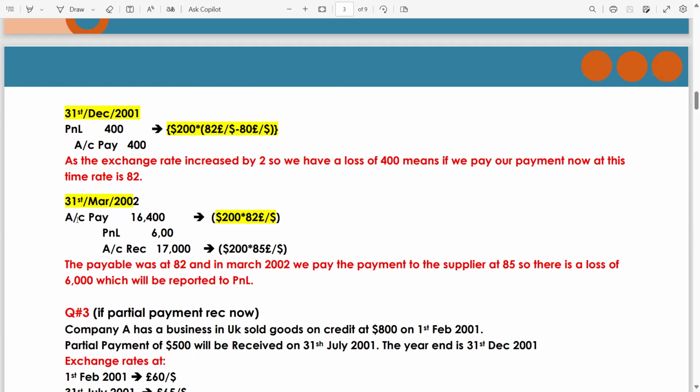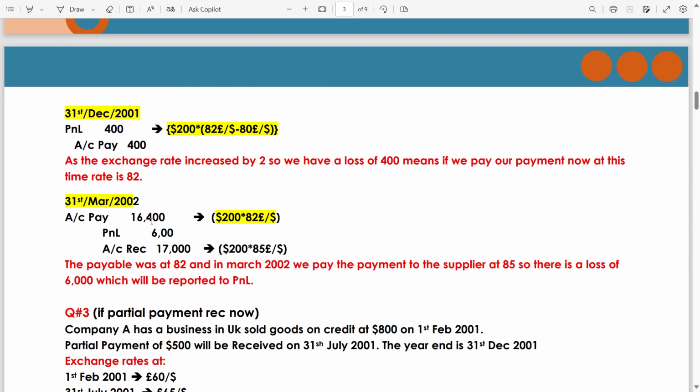Accounts payable debit by 16400 and P&L debit by 600, and the credit is cash. Sorry, I have changed this line. There is a writing mistake. Accounts payable is 16400.